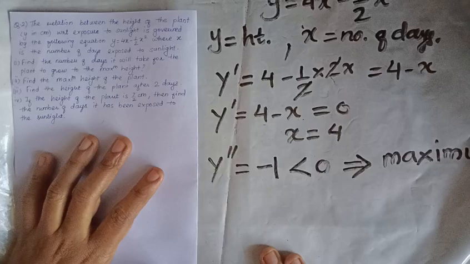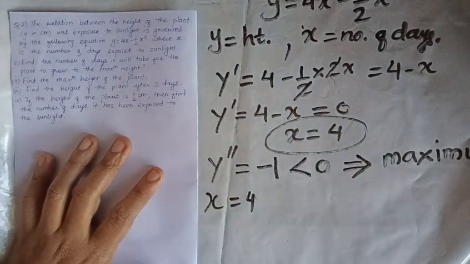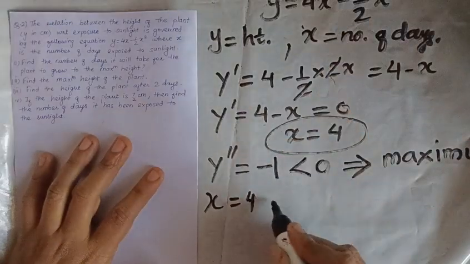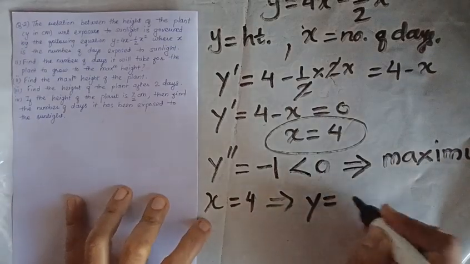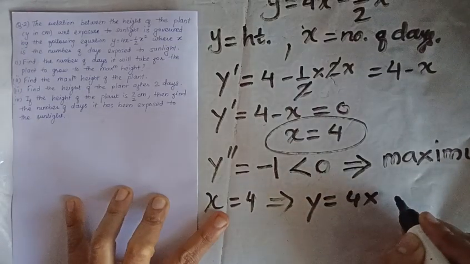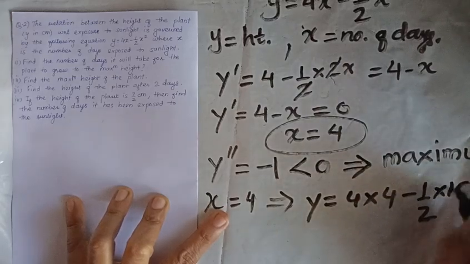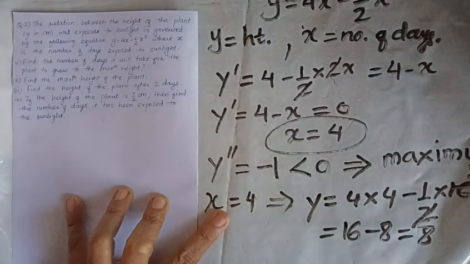So we have to put this x equal to 4 in the original equation, y equal to 4x minus half x square. 4 squared is 16, and 16 minus 8 is 8.